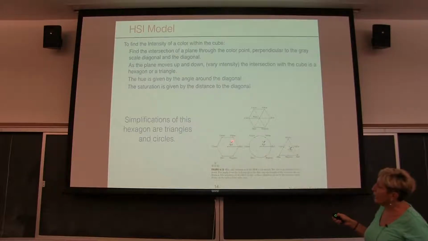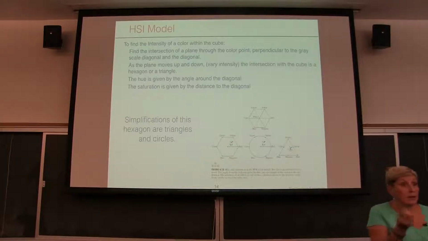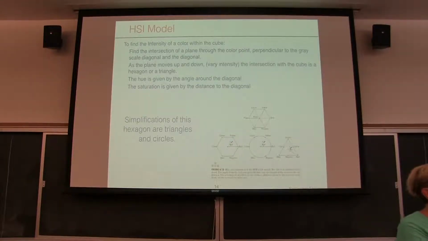If I have that color over here, this angle measures hue, and the length of this vector measures saturation. The farther I am to the boundary, the more pure the color is, the less white it has. As I get closer to the center, I become dimmer and dimmer. I have more grays in it.